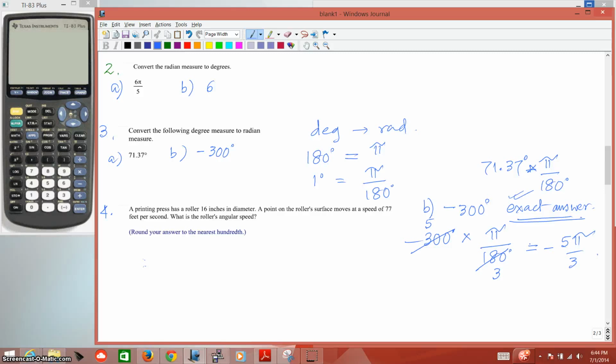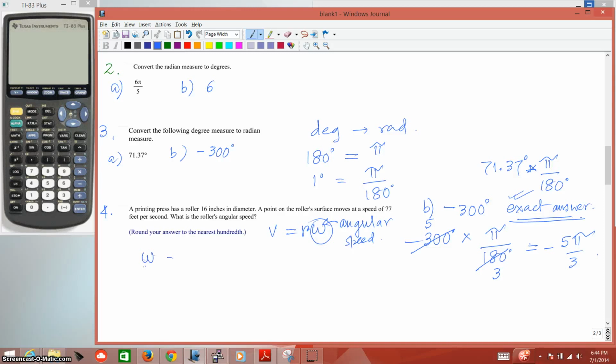Most of the students already used the basic relationship, v equals r omega, where omega is your angular speed and v is the linear speed. When I'm asking you to determine the angular speed, all I'm asking is for you to find omega.